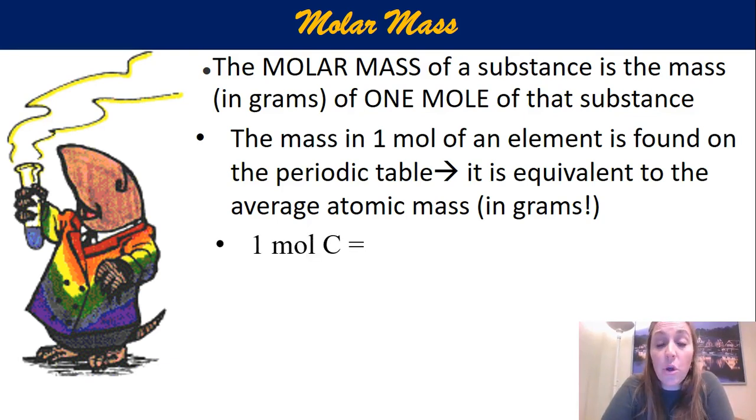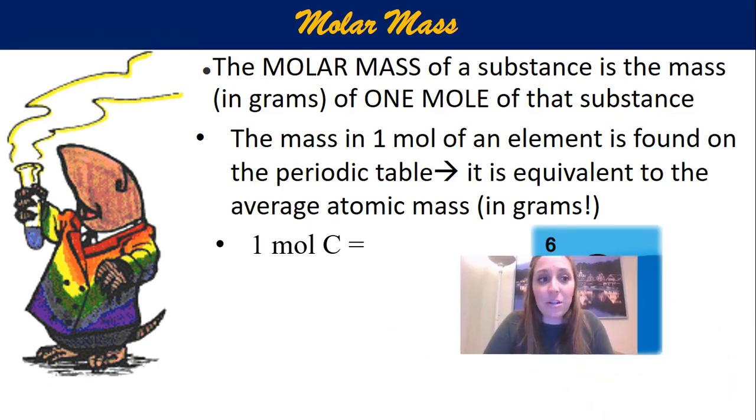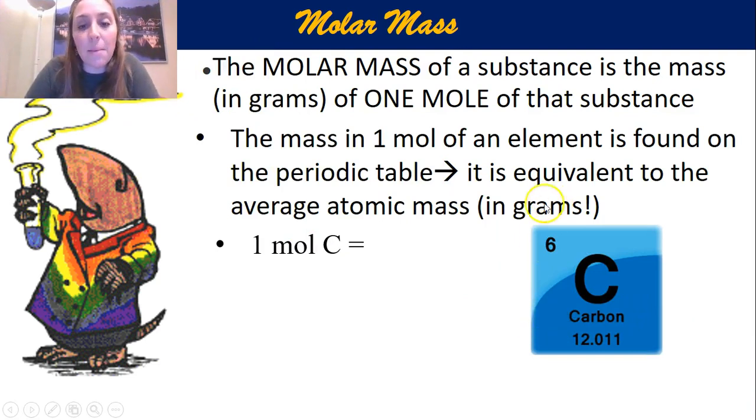So let's say I wanted to know what's the mass of 1 mole of carbon. Then I take out my periodic table and I find carbon. So carbon is atomic number 6. It's over in the top right side. Remember, this is the number of protons or electrons, but this has to do with the mass. So 12.011 is the average atomic mass.